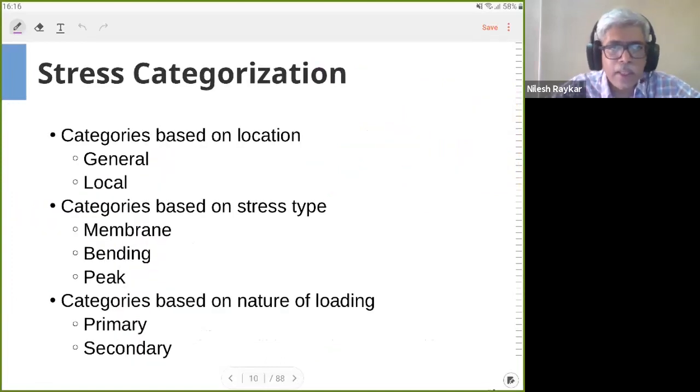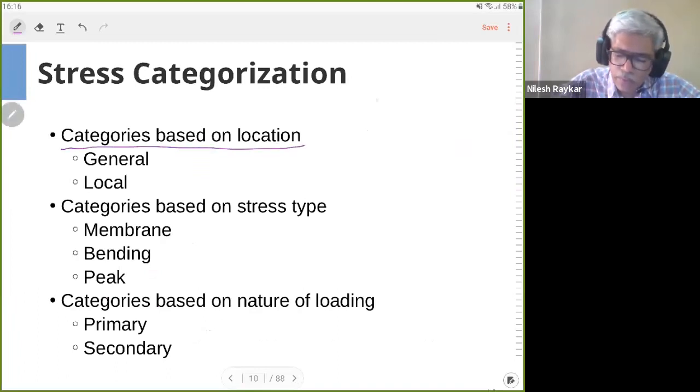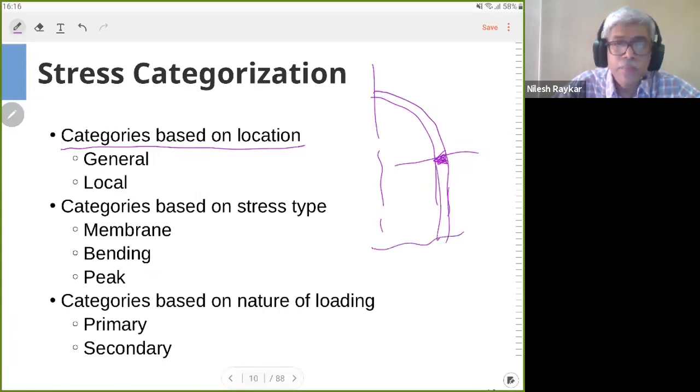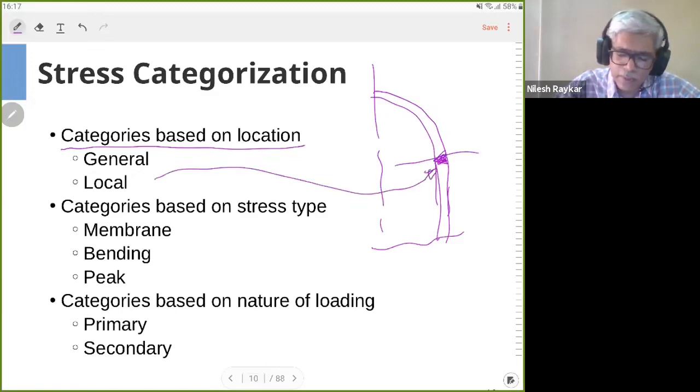The stress categorization is the heart of this particular method. In the elastic stress analysis method, we have categorization based on location. As I described in the video, if you have a vessel, based on the location, if you are near the discontinuity, I'm drawing here the head to shell junction, if you are near this junction, it becomes a local stress, whereas if you are away from that, it becomes a general stress.